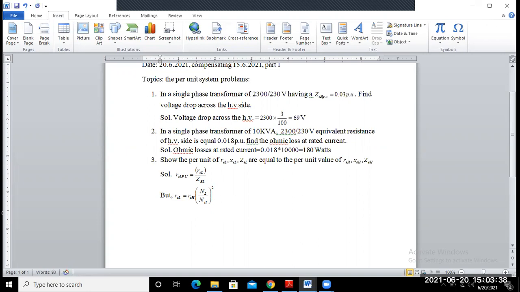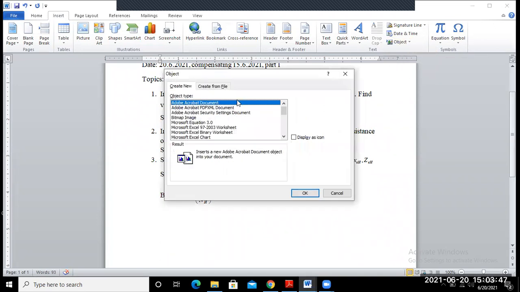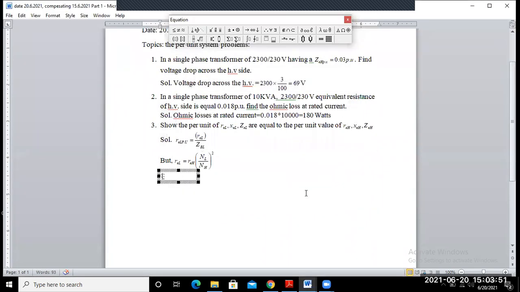So we can write here R_EL in per unit, that means the equivalent resistance of the low voltage side in per unit, equal to R_EH divided by Z_BL, that means the base impedance of the low voltage side, into N_L by N_H whole square.